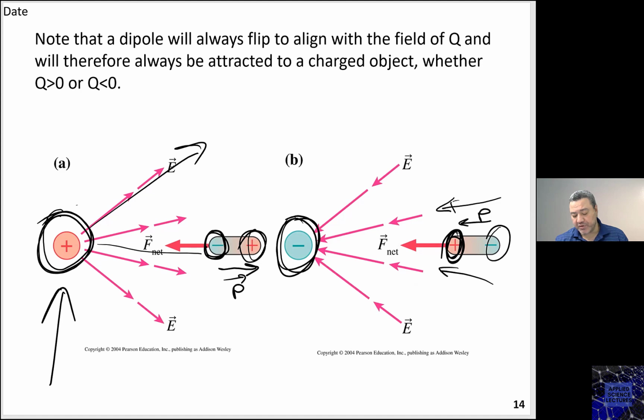The dipole moment is also aligning such that it is parallel with the electric field. So it's always parallel with the electric field. If it's a positive charge, electric field pointing away, it will be parallel pointing away. If it's a negative charge, electric field pointing toward that negative charge, then the dipole moment will be pointing toward the negative charge as well.